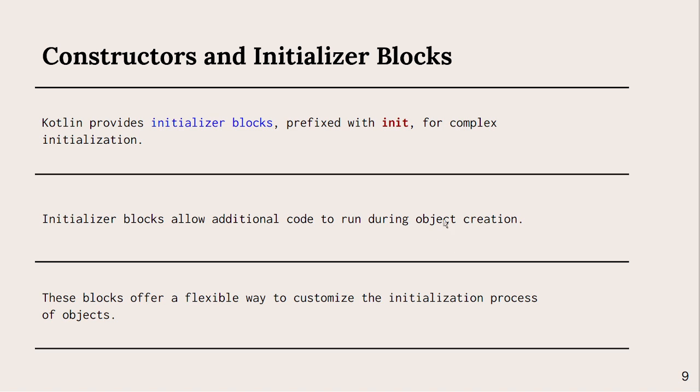There could be multiple initializer blocks, so our initializer blocks and the properties would be interleaved. They are executed in order. These blocks offer a flexible way to customize the initialization process of objects.